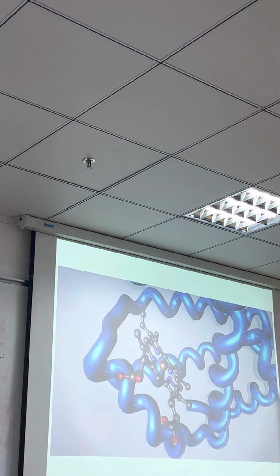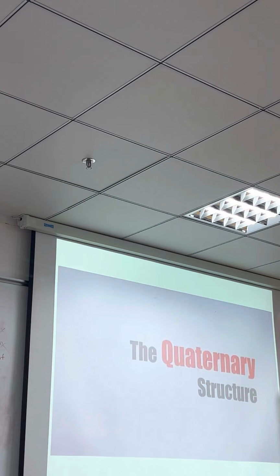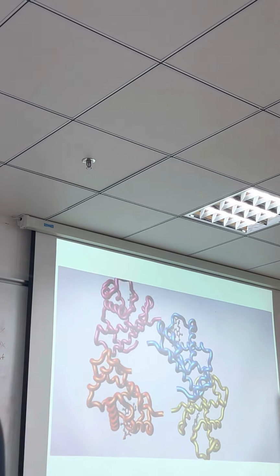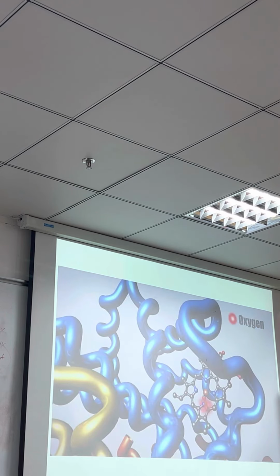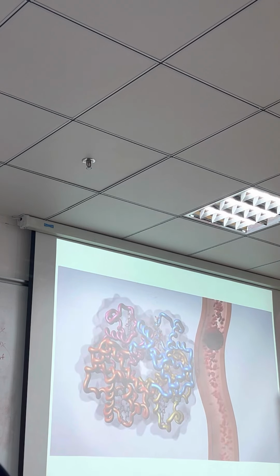So the side chains of amino acids interact to form the tertiary structure. Some proteins require ions, metal ions, for function. So this is hemoglobin. This is globin with the heme rings inside.